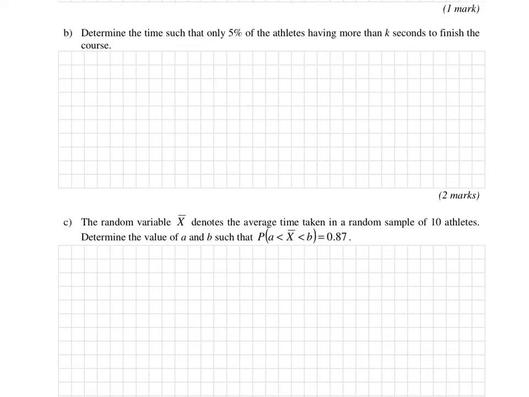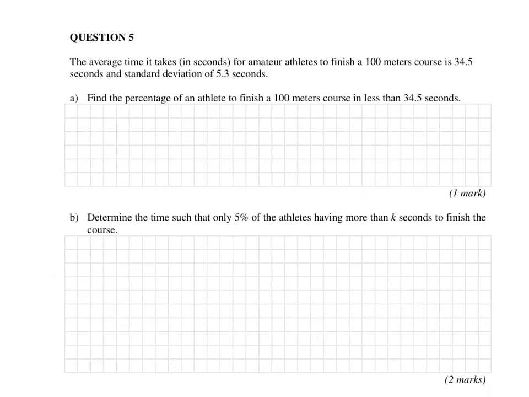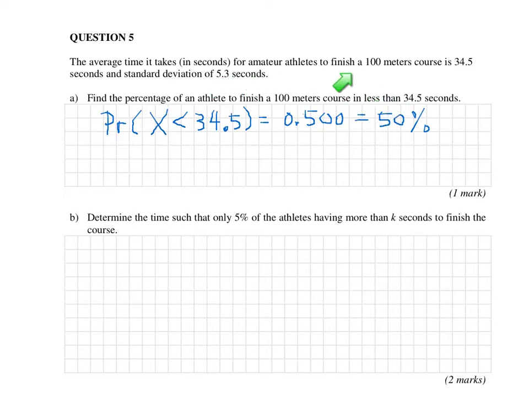Let's go back up here. Because the mean is 34.5 seconds, the probability of having less than 34.5 seconds is just cutting the total probability in half, so you get 50%.